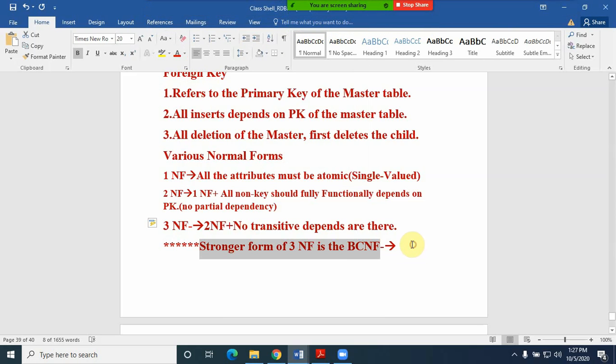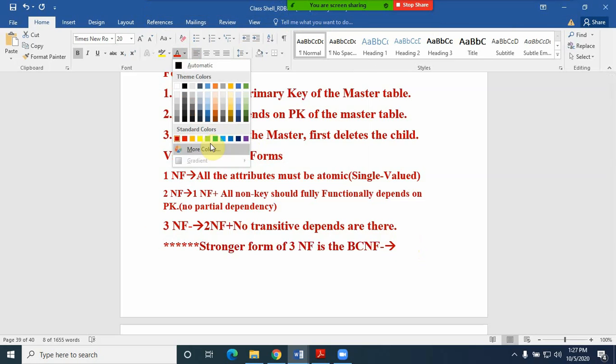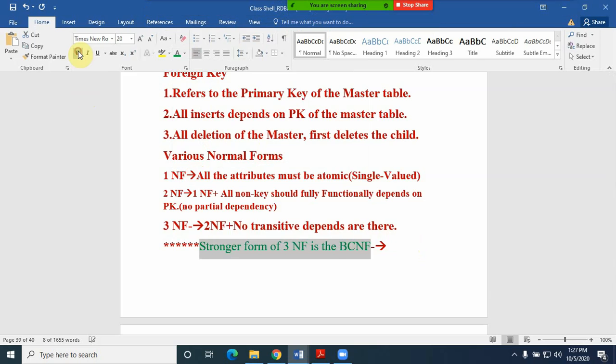Sorry, friends, if you are referencing this BCNF, it is a stronger form of third normal form.